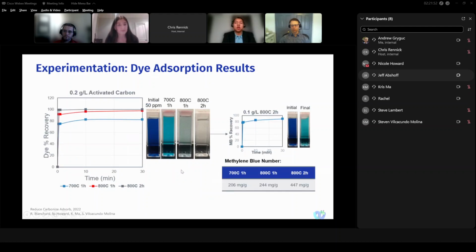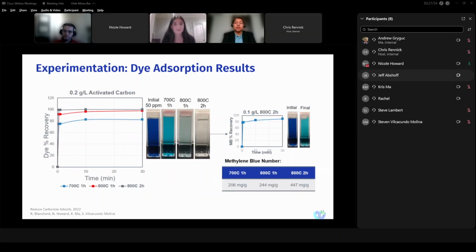Thank you, Rachel. So now I will be discussing the dye absorption results of our experimentation. As shown on the visual on the left, our overall objective was to achieve 100% dye recovery of methylene blue dye, or completely separate the methylene blue dye from the wastewater. As shown by the samples, our activated carbon product made at reactor conditions of 800 degrees Celsius and 2 hours was able to meet that objective.